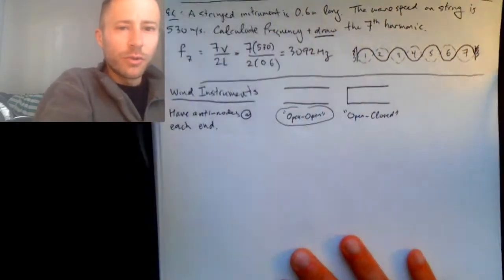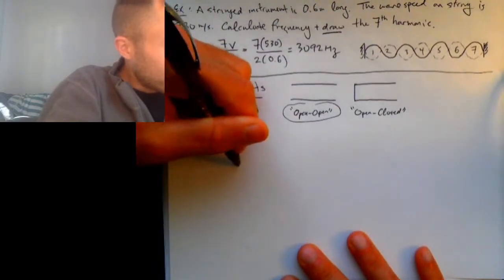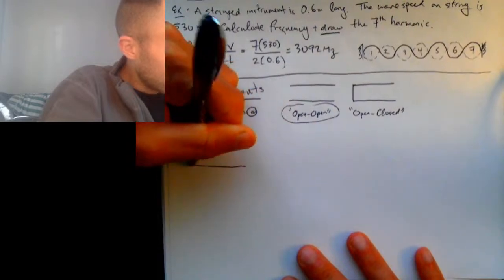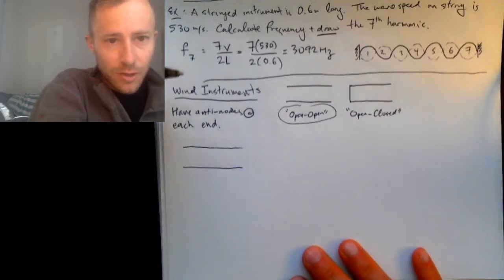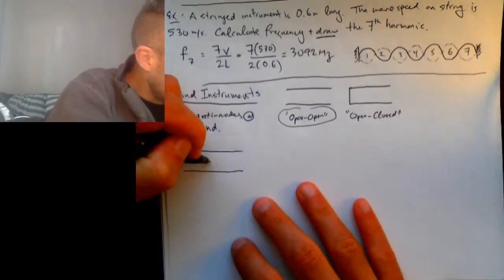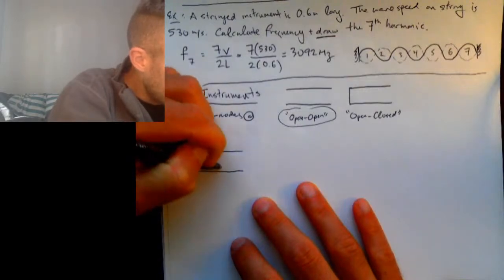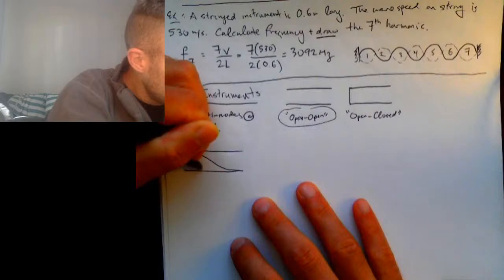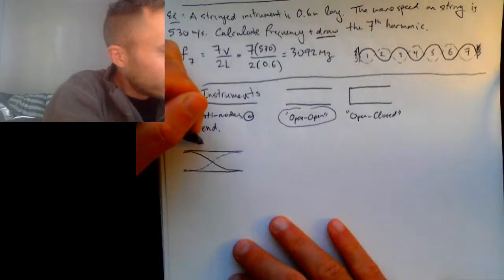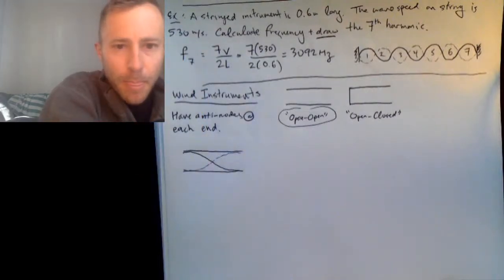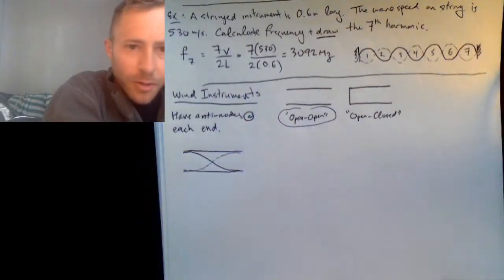So let's go through and draw. The first harmonic is the simplest wave that you could make that has an antinode at each end, and it ends up looking like this, kind of like an hourglass. Now, how do you go to the next harmonic?